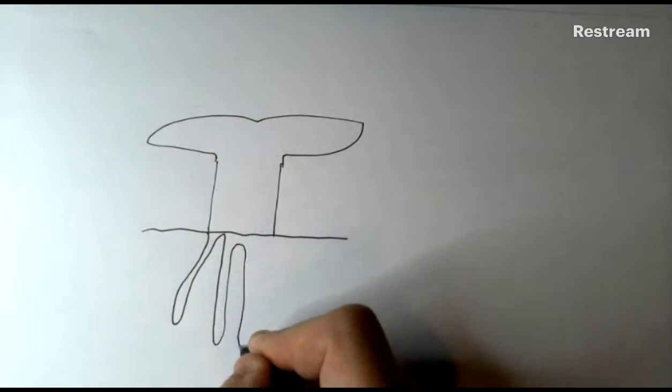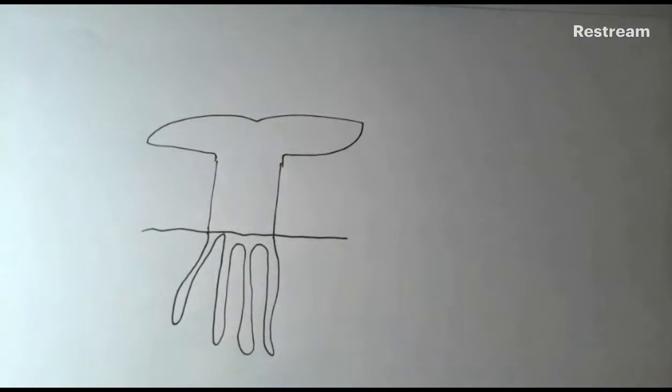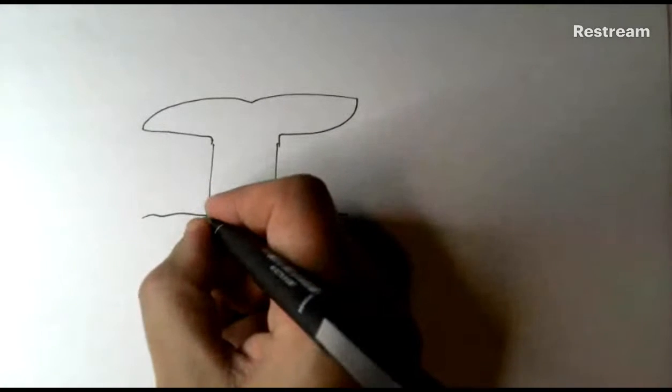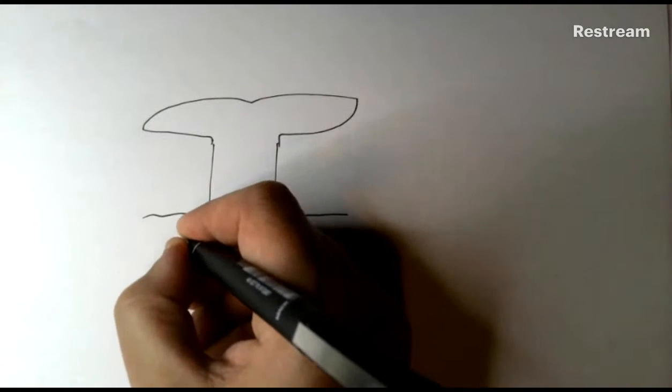Okay. Now, the roots have an adaptation on them, and we call that root hair cells. So they have root hair cells. Root hair cells are found on roots.